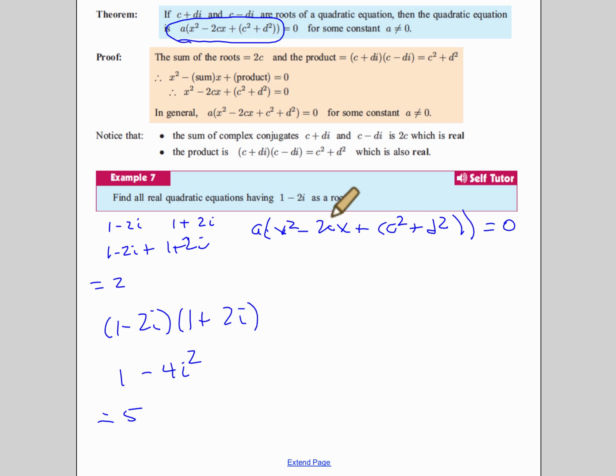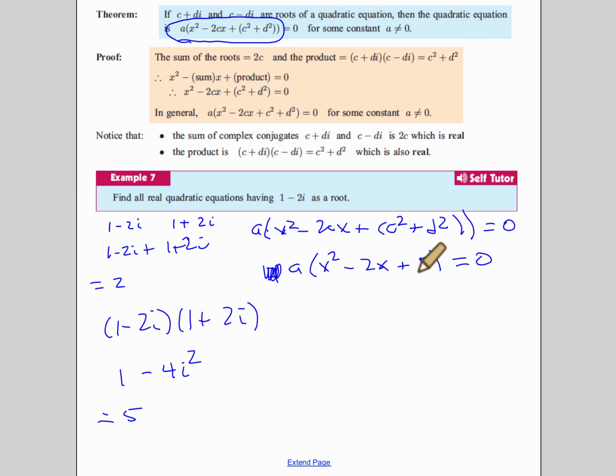Okay, so let's explain a couple of things. The sum of the roots is 2c, so that's 1 plus 1 is 2, which we already did. And then the product is equal to c plus di times c minus di, which is what we did here. So this means this becomes a times x squared minus 2x plus 5. I should say this is equal to 0, and I shouldn't have an equal sign here.